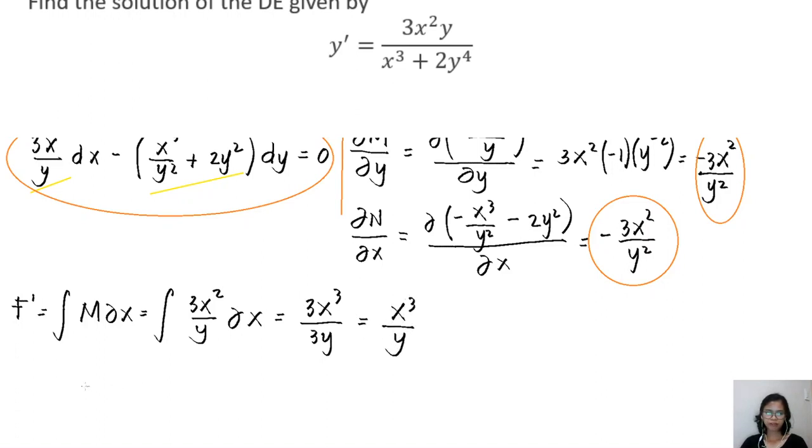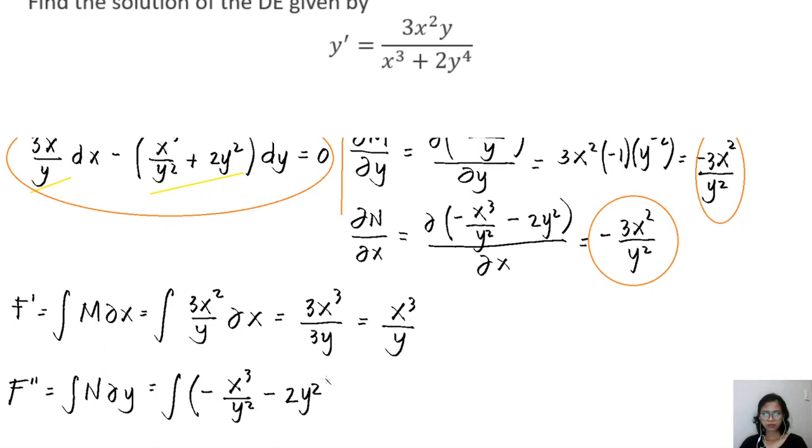How about for f prime prime? F prime prime is the integral of n with respect to y. And what is our n? N is negative x cubed over y squared minus 2y squared, with respect to y.